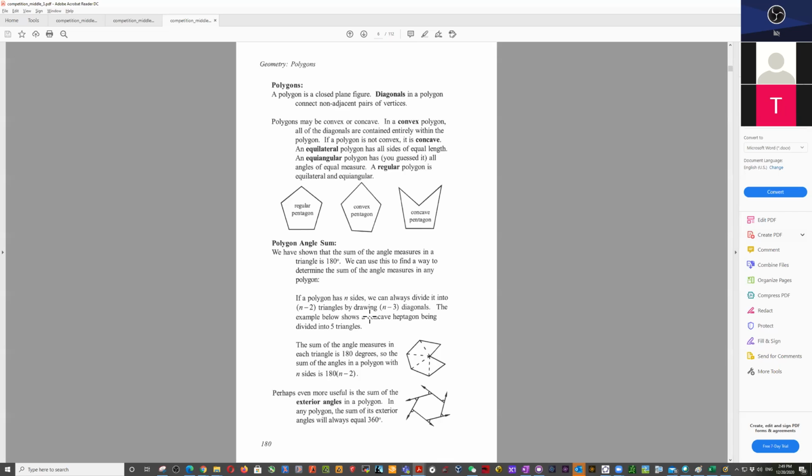Those are used in angle chasing, and then there's an exterior angle. Actually, this formula, I like it more than this formula. There are two formulas on polygons, and usually we are dealing with convex polygons.